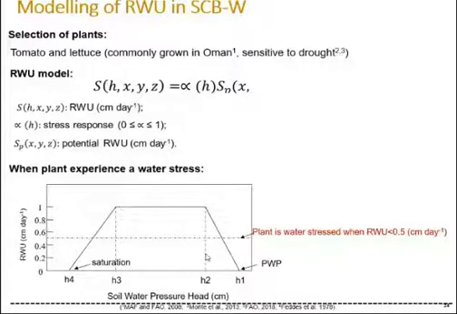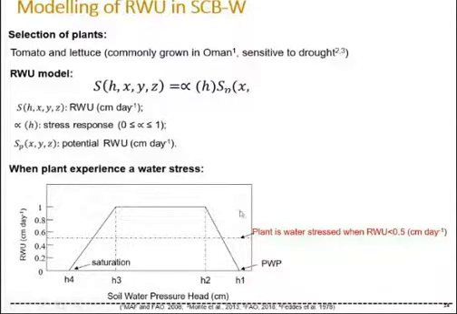It's a stress, and that would affect the root water uptake, meaning how much water the plant can take from the soil. If it is in the stress areas, then the plant experiences stress, will not produce a good yield, and can die.